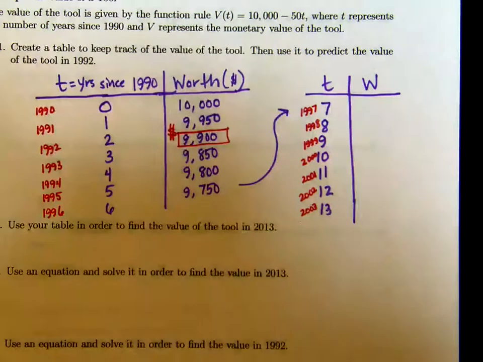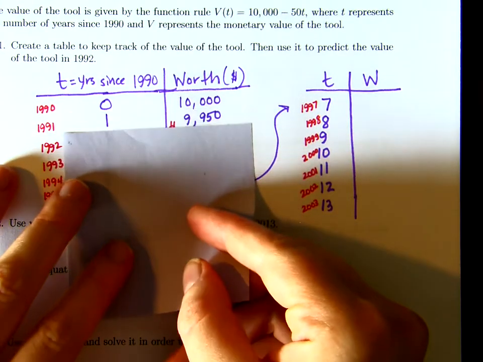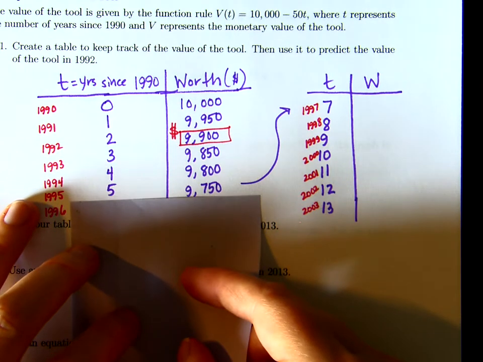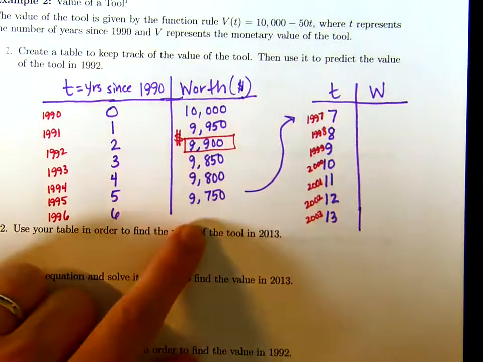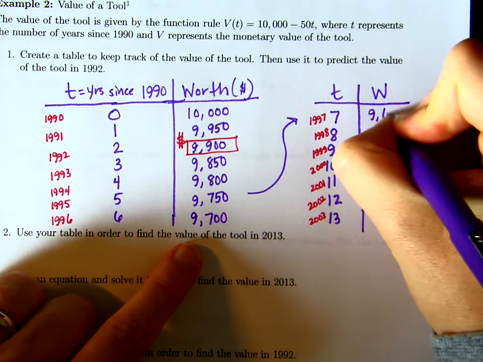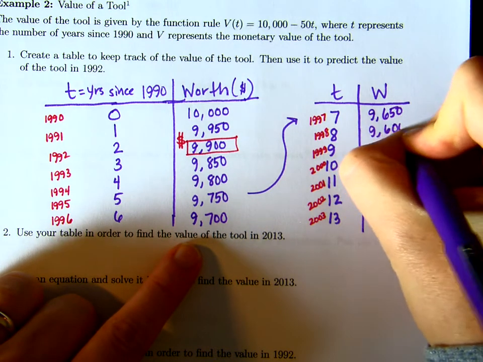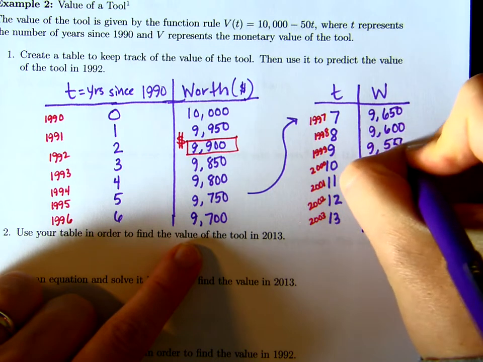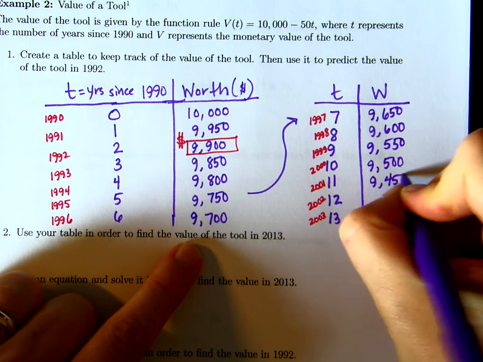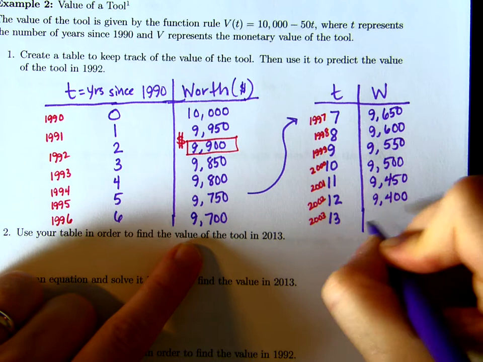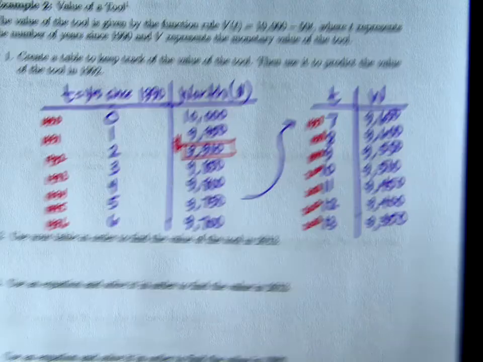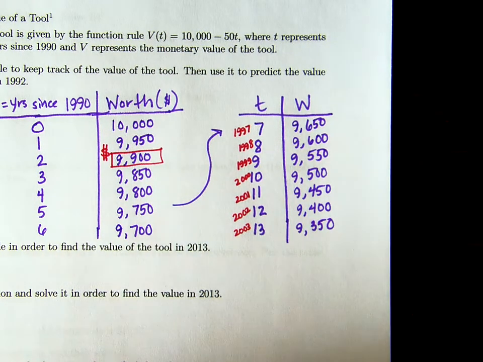Year 1, 2 years, 3 years, 4 years, 5 years, okay. 9,700, 9,650, 9,600, 9,550, 9,500, 9,450, 9,400, 9,350. And then we have to do 10 more of these.